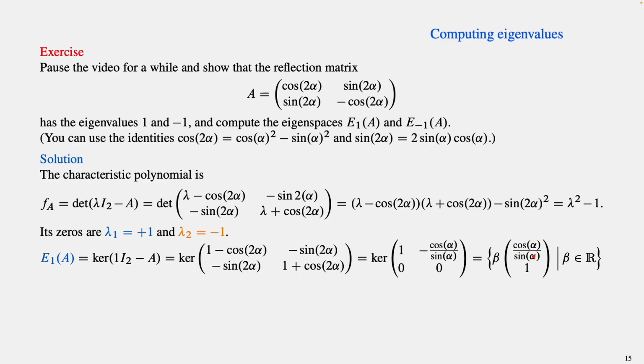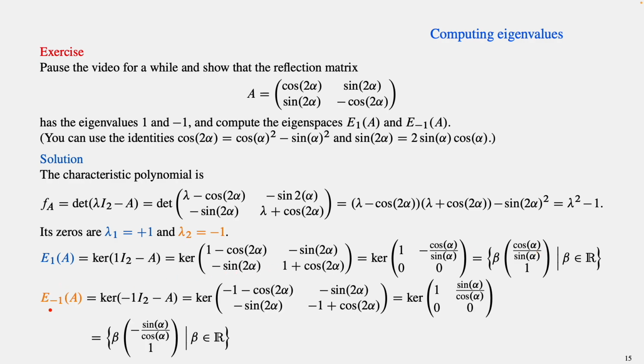If you want, you can simplify this expression to the cotangent of alpha, but we don't really need to do that here. And similarly, for the eigenvalue minus 1, you find the eigenspace to be all the multiples of the vector minus sine alpha divided by cosine alpha and 1.